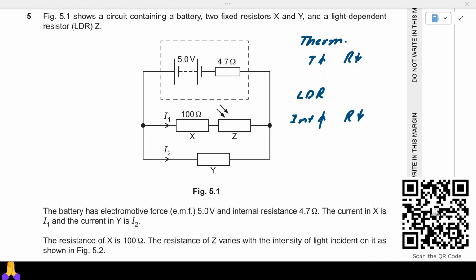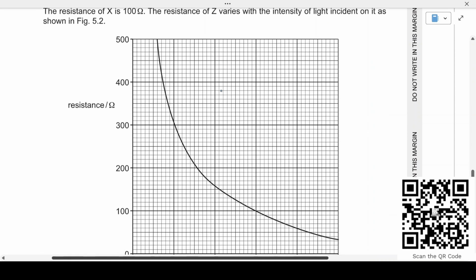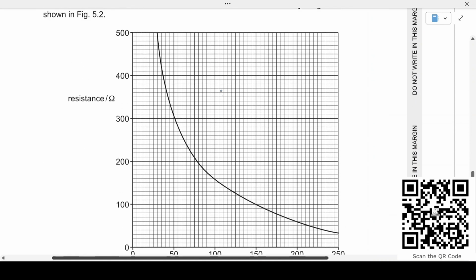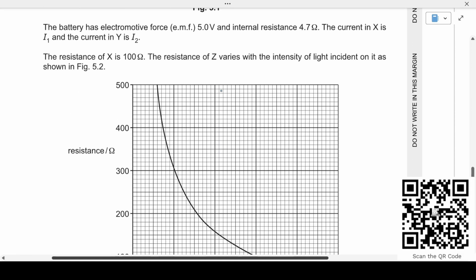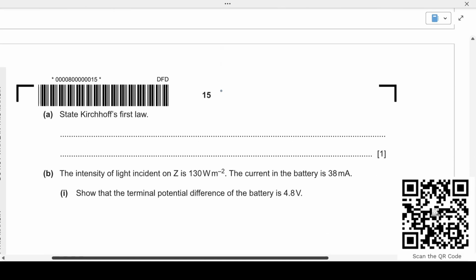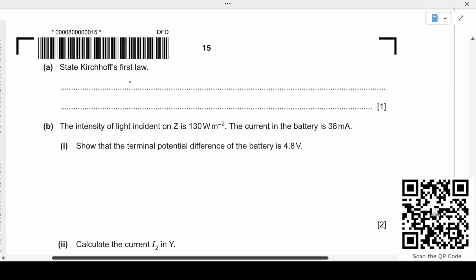Okay, so let's move on, continue with this one. The graph of resistance and the intensity of light is given. Okay, fair enough. State Kirchhoff's first law. The sum of currents entering a junction is equal to the sum of currents leaving the junction.